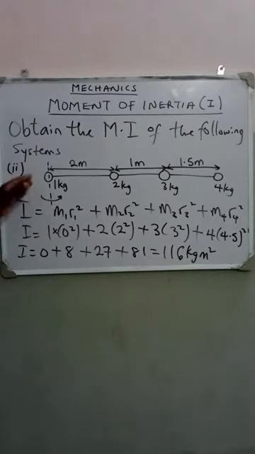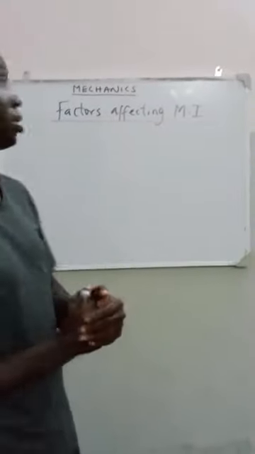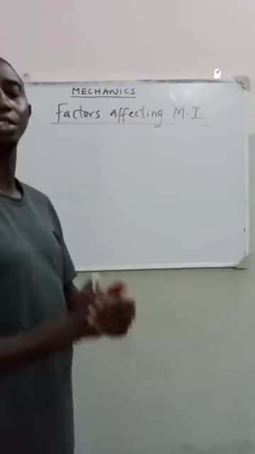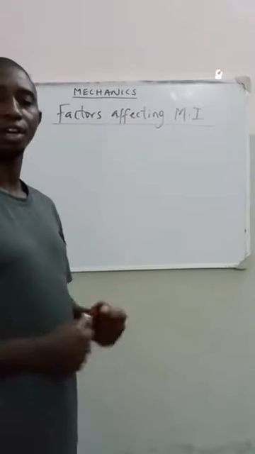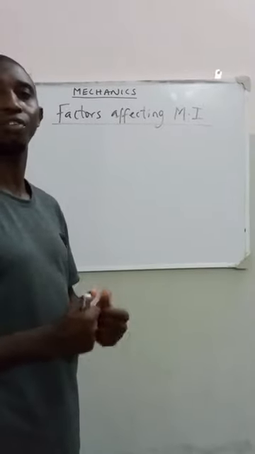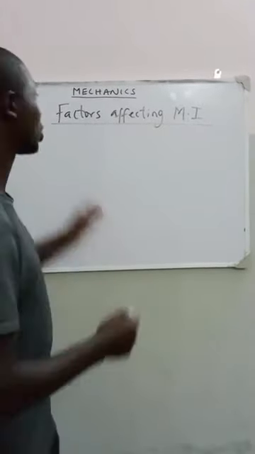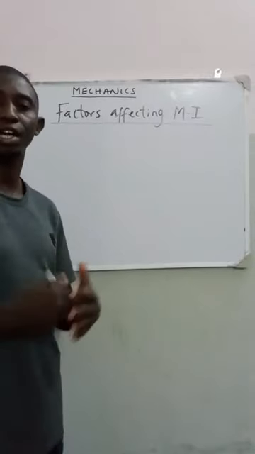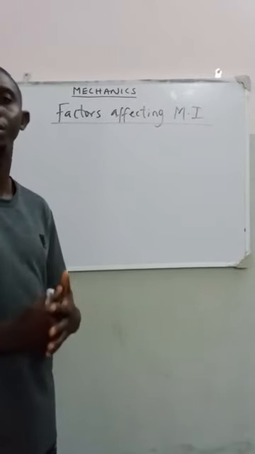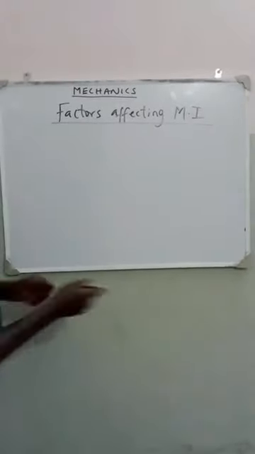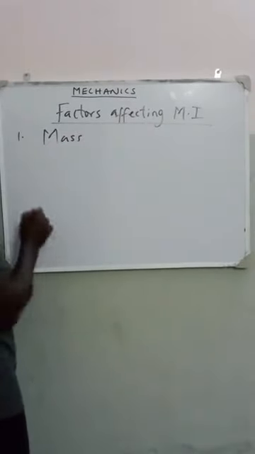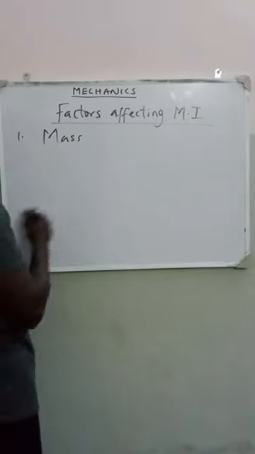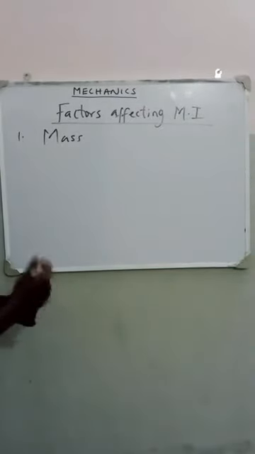at the end point. So the next thing we are going to look at is the factors affecting the moment of inertia. What are the factors that affect the moment of inertia of a body? There are two major factors that affect the moment of inertia of a body. The first factor is the mass of that body, the mass of the body.